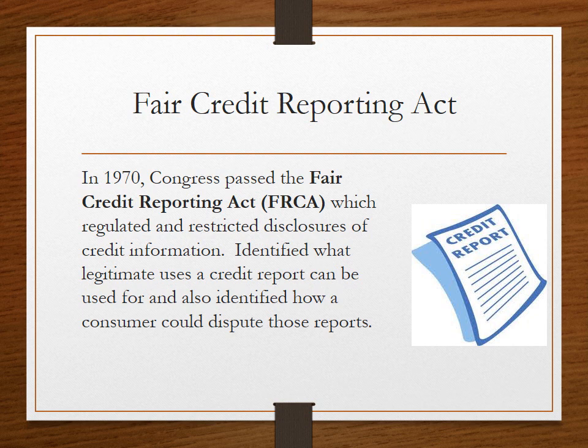In 1970, Congress passed the Fair Credit Reporting Act, which regulated and restricted disclosures of credit information. It identified what legitimate uses a credit report can be used for, and also identified how a consumer could dispute those reports.